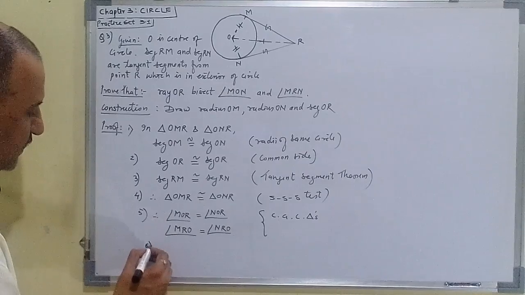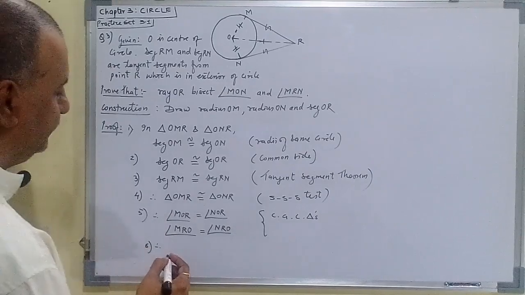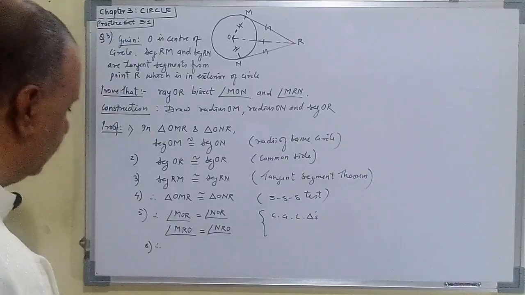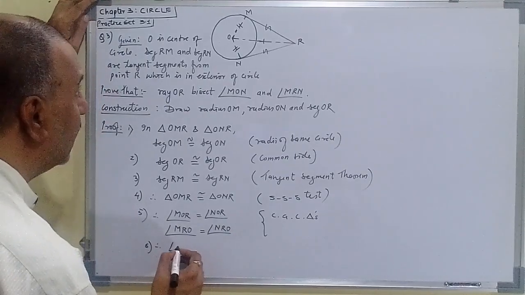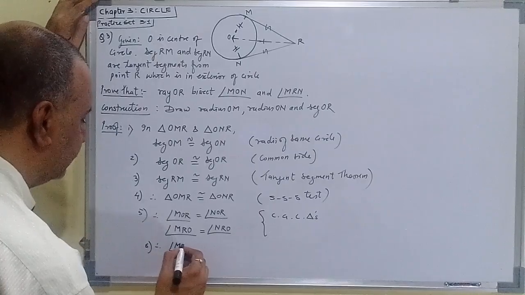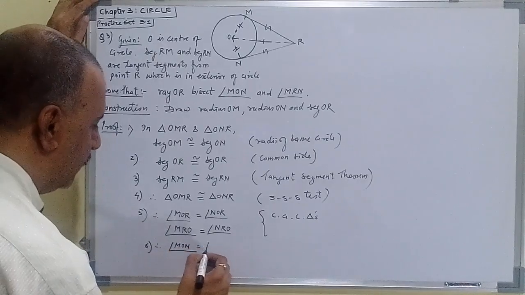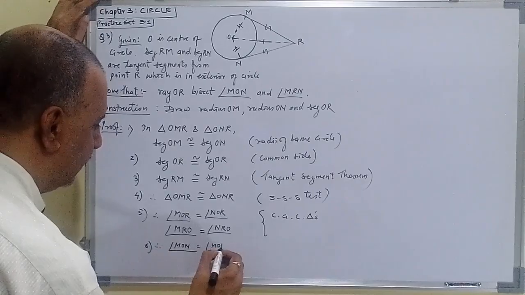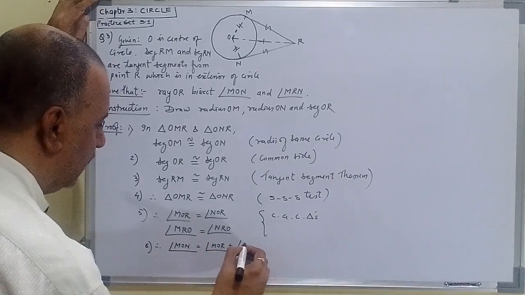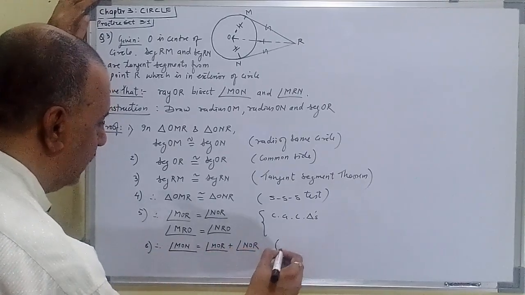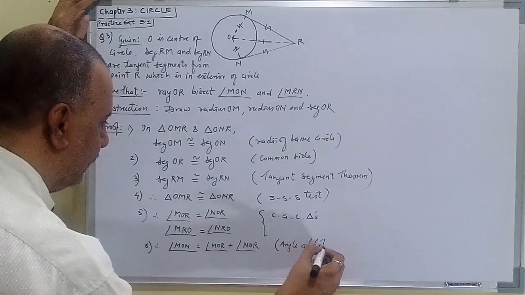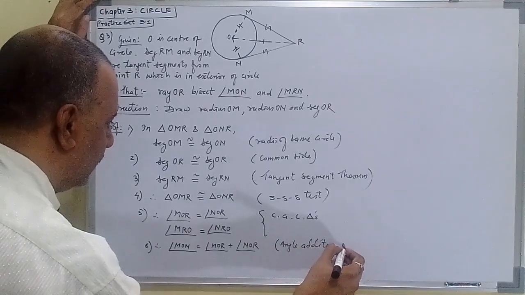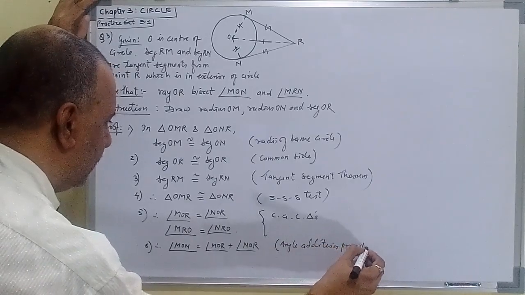Statement number 6, therefore angle MON equal to angle MOR plus angle NOR, by angle addition property.